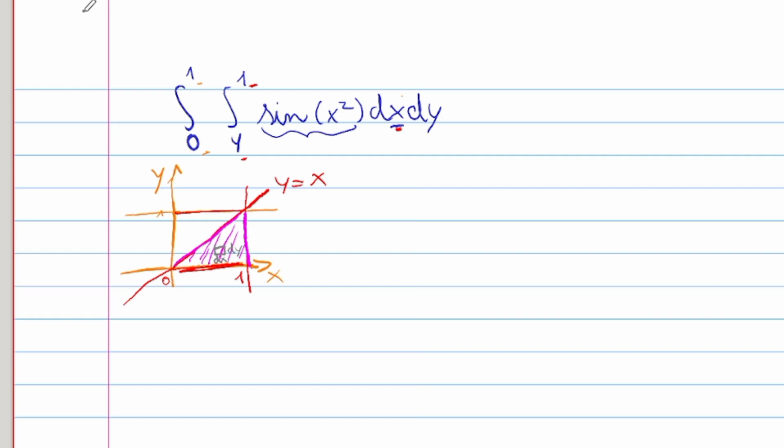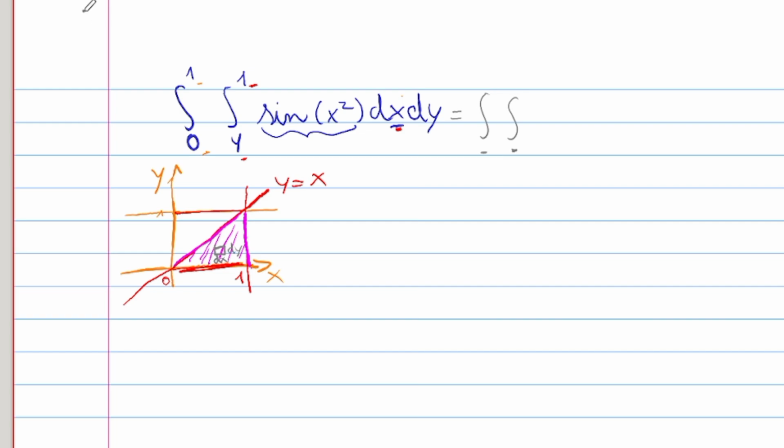But as we see, I need to switch the order here. I still don't know the limits of integration, but I'm going to know because of what I've drawn here.